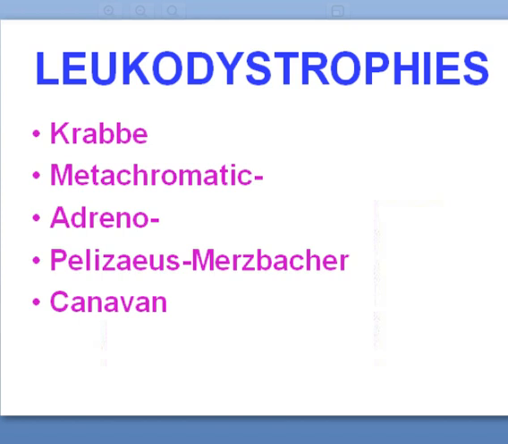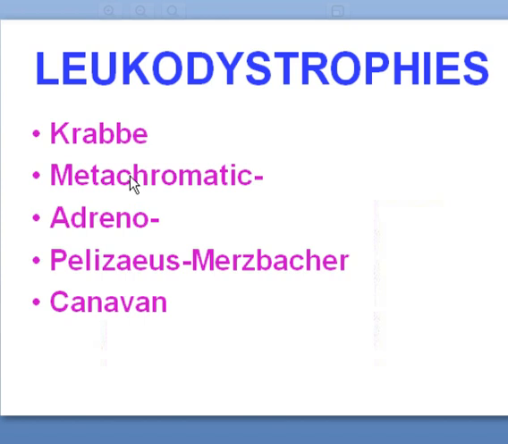So whether you're talking about Krabbe's leukodystrophy or metachromatic leukodystrophy or adrenoleukodystrophy, or the one that I happen to remember the most from medical school because it's the most bizarre word I've ever heard, Pelizaeus-Merzbacher leukodystrophy or Canavan. These are all the family of leukodystrophies resulting in the abnormal production and maintenance of myelin. And that's about all we're going to say about it.